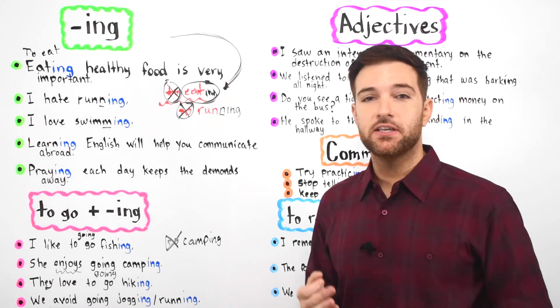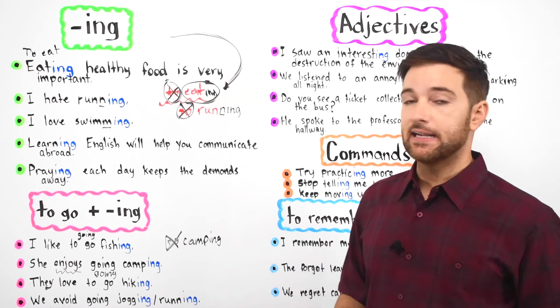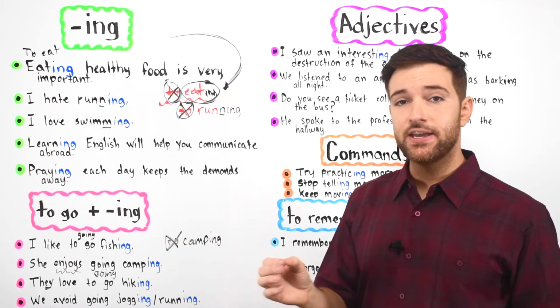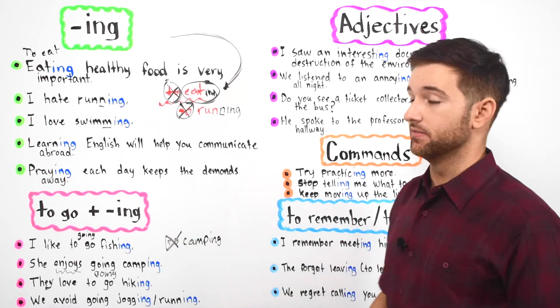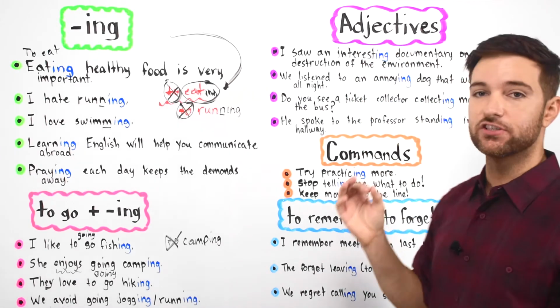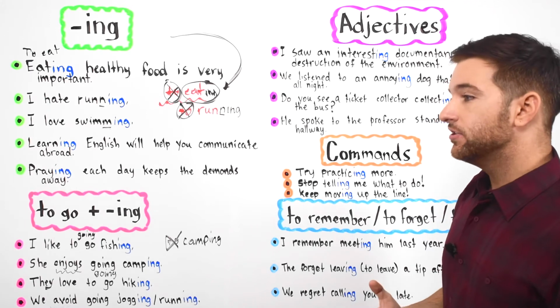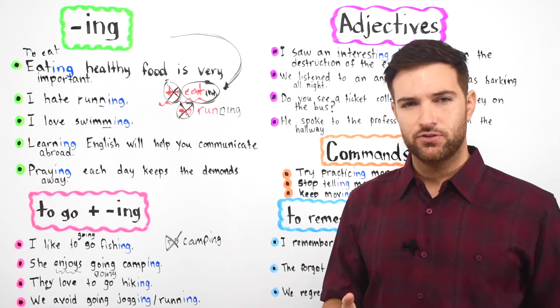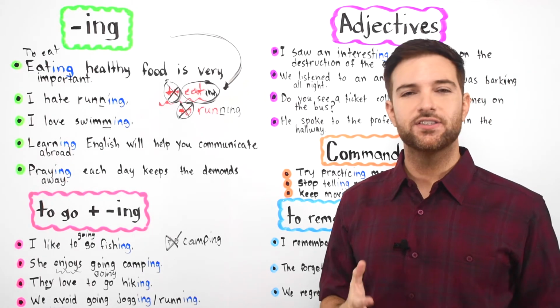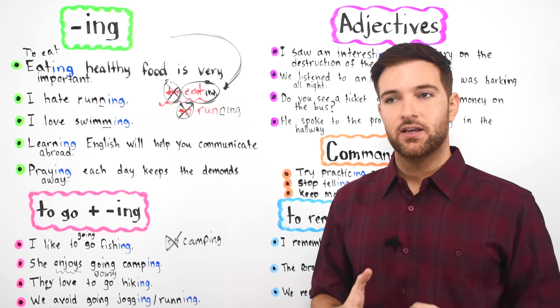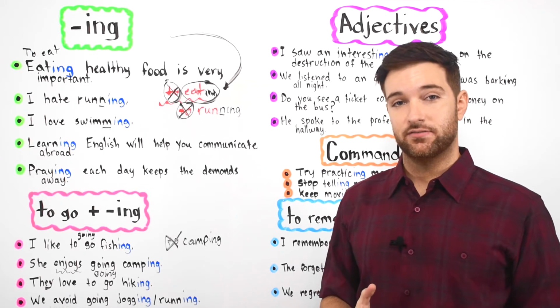So not only can verbs turn into nouns by adding ing, they can also become adjectives. Okay, adjectives that are sometimes placed before the noun or after it. Adjectives, what do adjectives do? Do you know? What is their job? What is the job of an adjective? An adjective, I'll tell you.